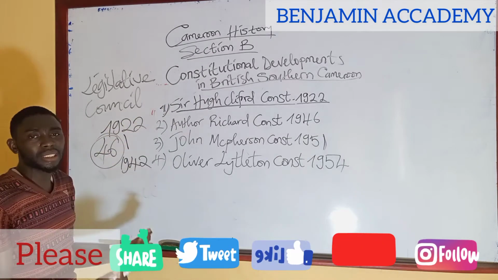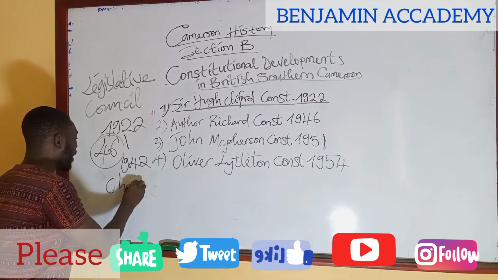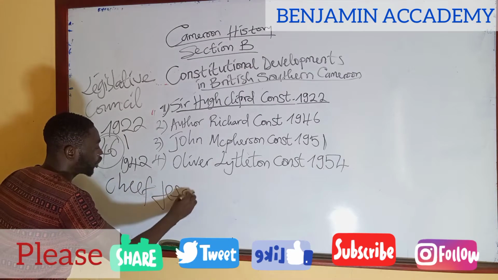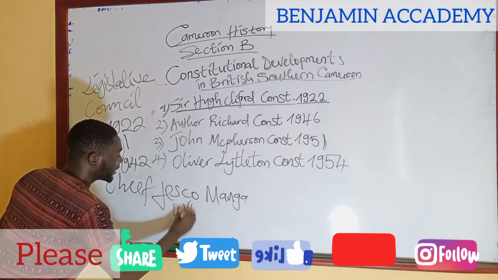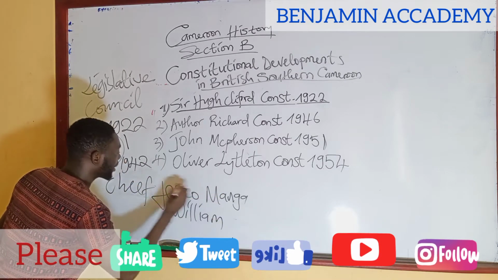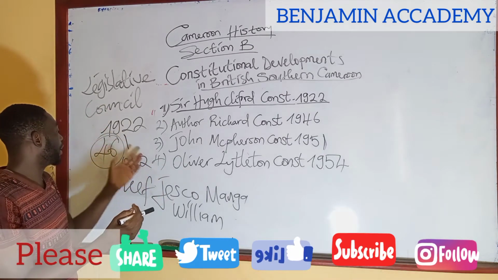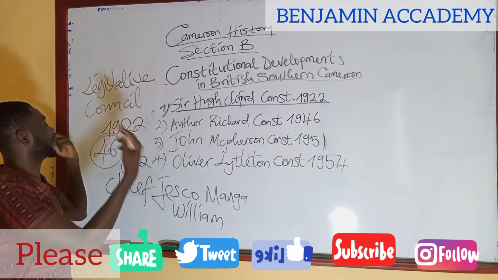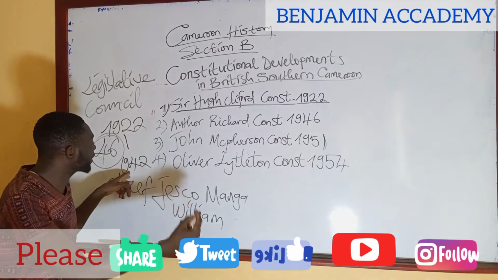Now, who was the person that represented British Southern Cameroon? It was Chief Manga Williams, Chief Manga Williams from Victoria. He was the person that represented British Southern Cameroon in the Legislative Council that was created in 1922, but he only gained the representation in 1942, 20 years after.